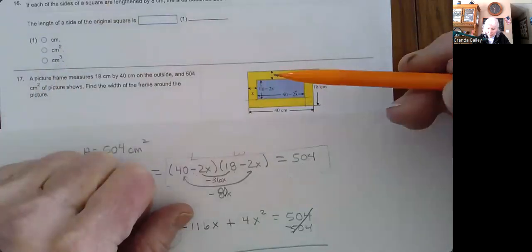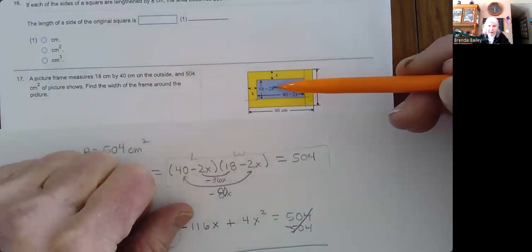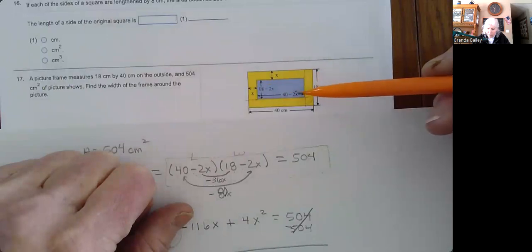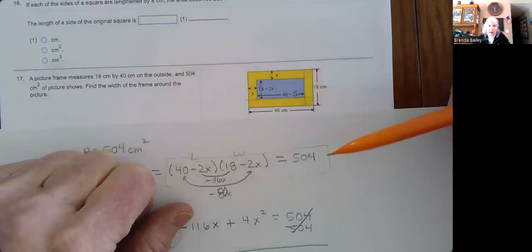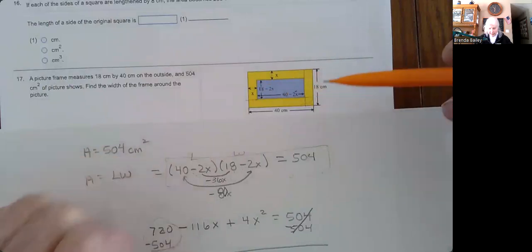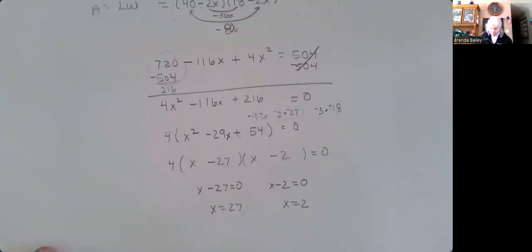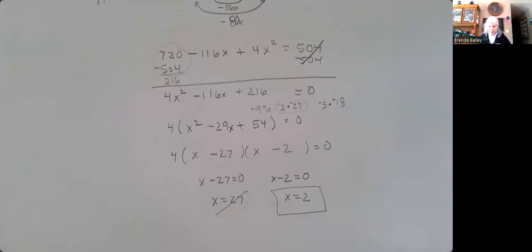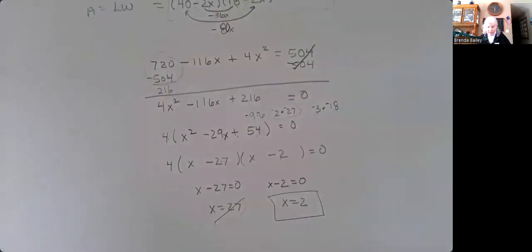If you were to put the 27 in here, you're going to get a negative width, or a negative length. So the 27 does not work. It's just the 2. The 2 is the only one that makes sense. So that's the solution for that one.